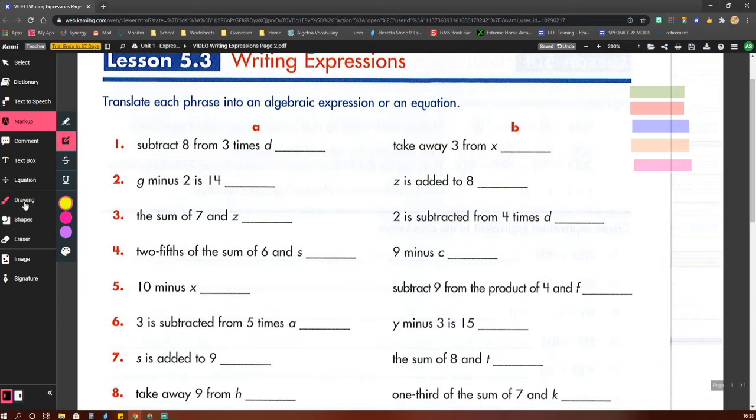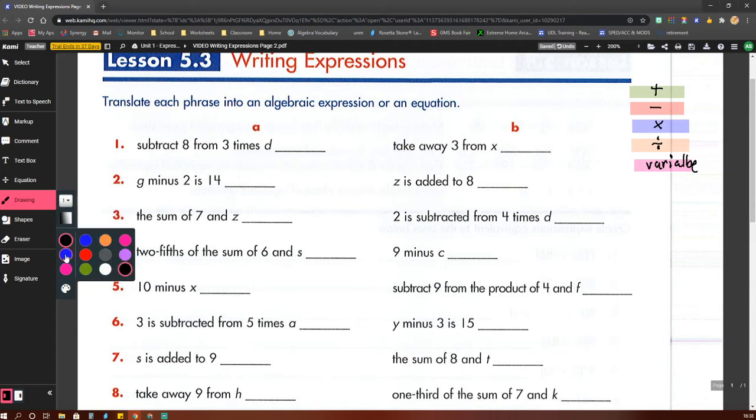Okay, and then I'm going to write here what they mean. So it's my little hint. I probably spelled variable wrong. Oops. But that's fine. I'm not grading on that.